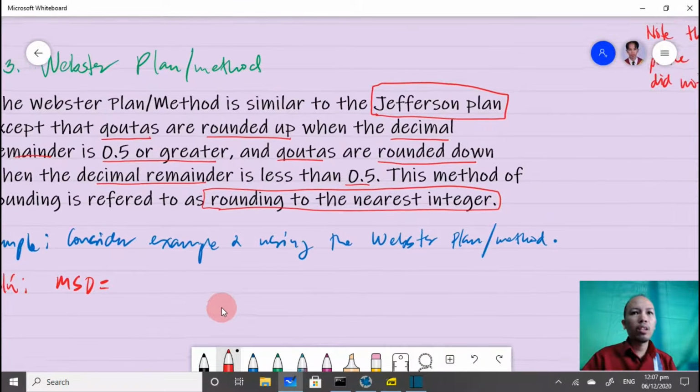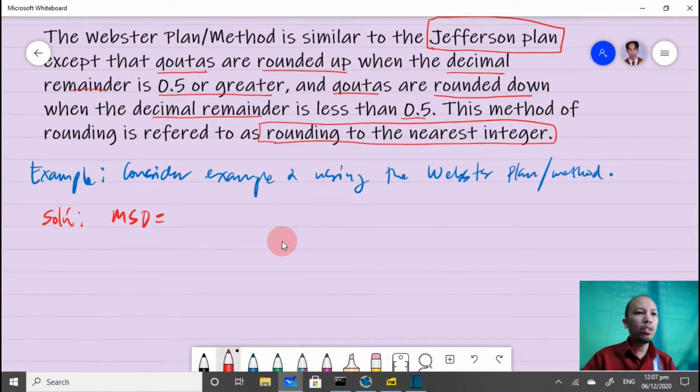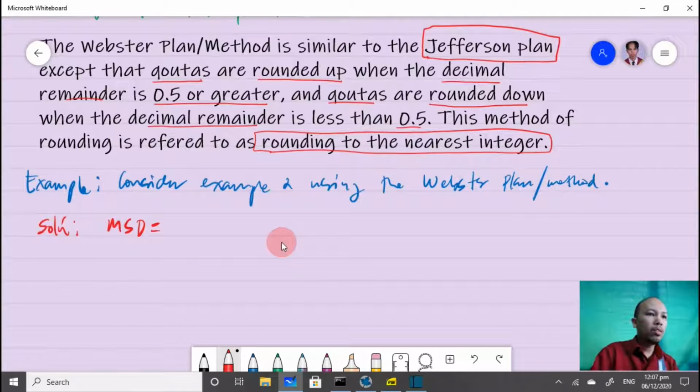So let me put a note somewhere here. In the Jefferson plan, the modified standard divisor is less than the standard divisor, and using the Webster plan, it is greater than.